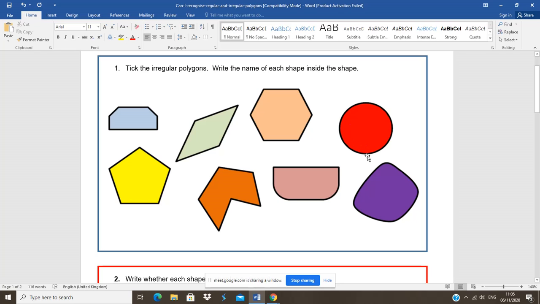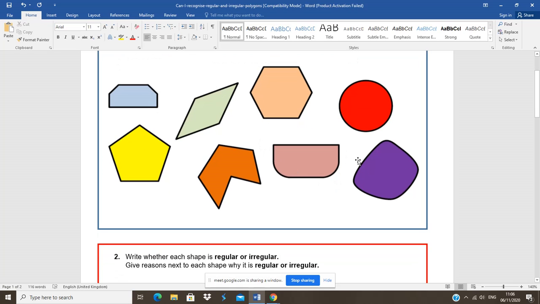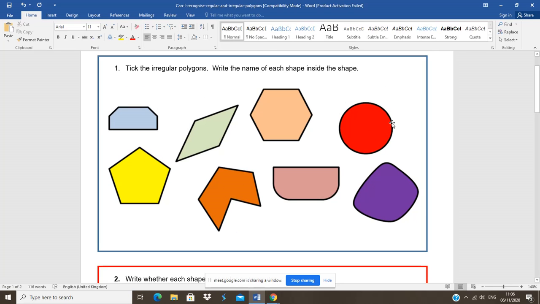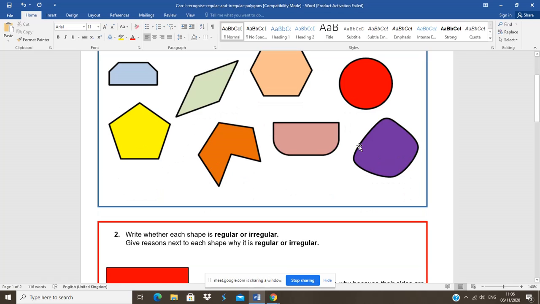Those figures that have curves are no longer considered polygons. These figures mostly fall on what we call circular shapes. There are some figures that have their edges like a curve, so those figures are no longer polygons.